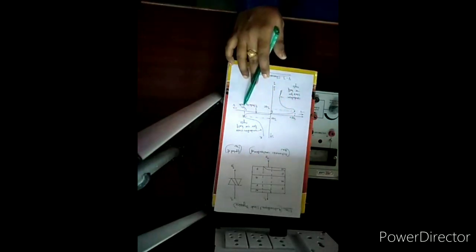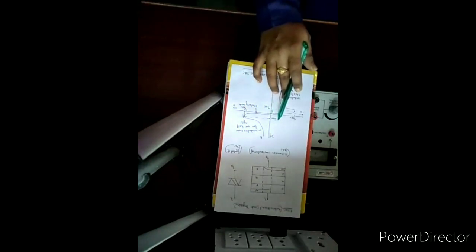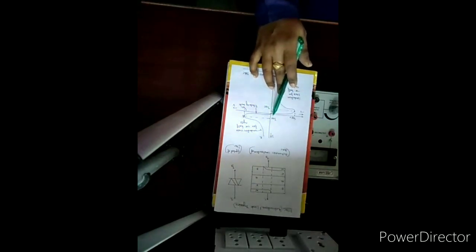VBO is the breakover voltage, and I suffix BO is the current during breakover.